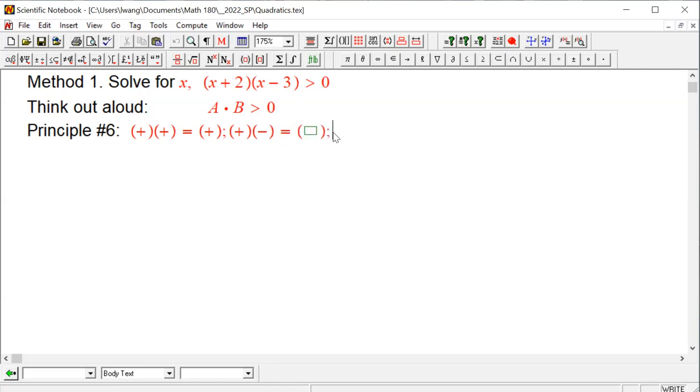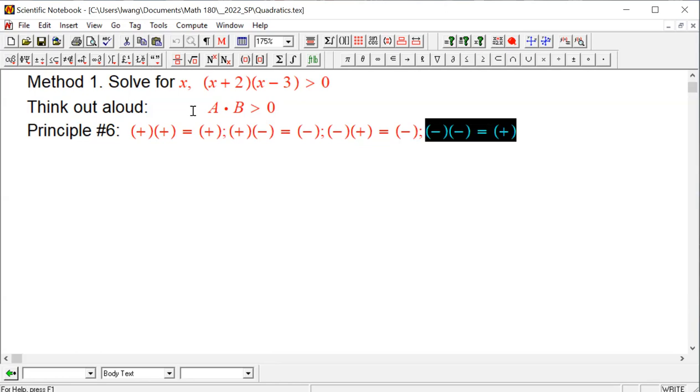If we multiply a negative number by a positive number, that product is also going to be negative. And lastly, if we multiply a negative number by a negative number, the product is going to be positive, right? So we know these basic principles.